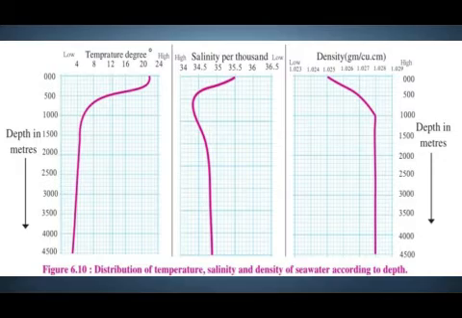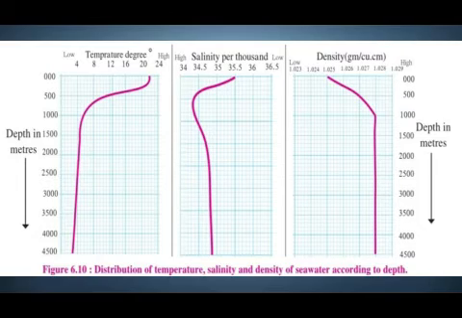As we know, the density of the water is dependent on temperature and salinity. Children, if you see the graph carefully, you will realize that after a certain depth, that means after a certain deepness, there is no change in these factors according to the depth. Which factors? Temperature, salinity and density. These are the three factors.